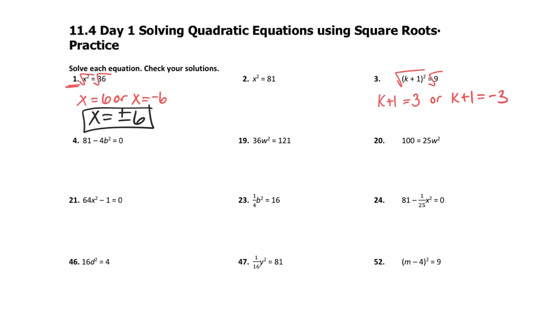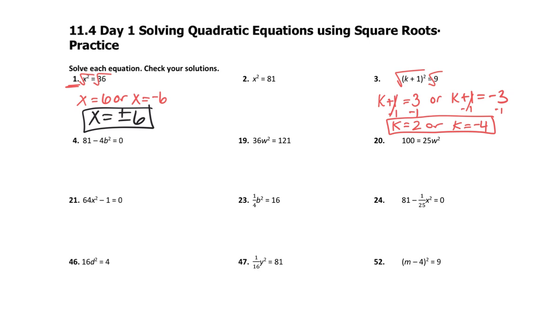And then I solve each of these equations for k, and I'm going to end up with 2 answers here, right? So minus 1 from each side, and I have k equals 2, or minus 1, and I have k equals negative 4. So on this one, k could be 2, or k could be negative 4.